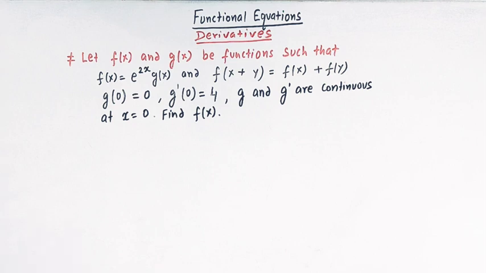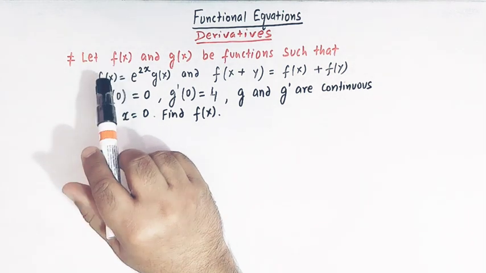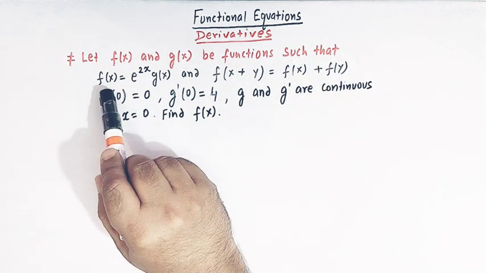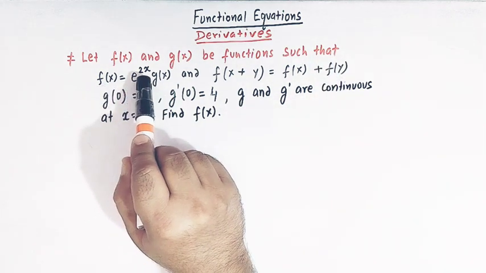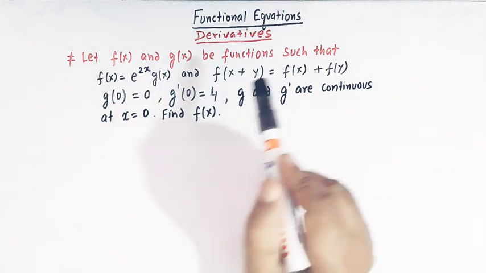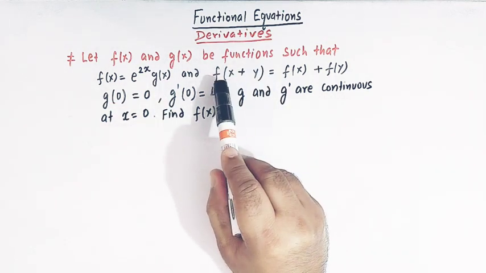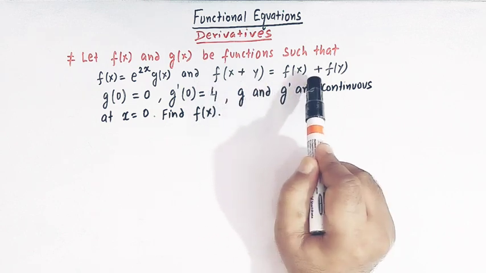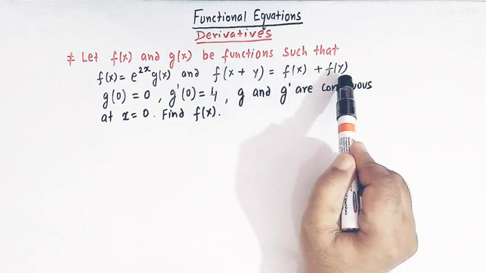So here we are given two functions f of x and g of x such that f of x is equal to e raised to 2x times g of x. And here we are given a functional equation f of x plus y is equal to f of x plus f of y.